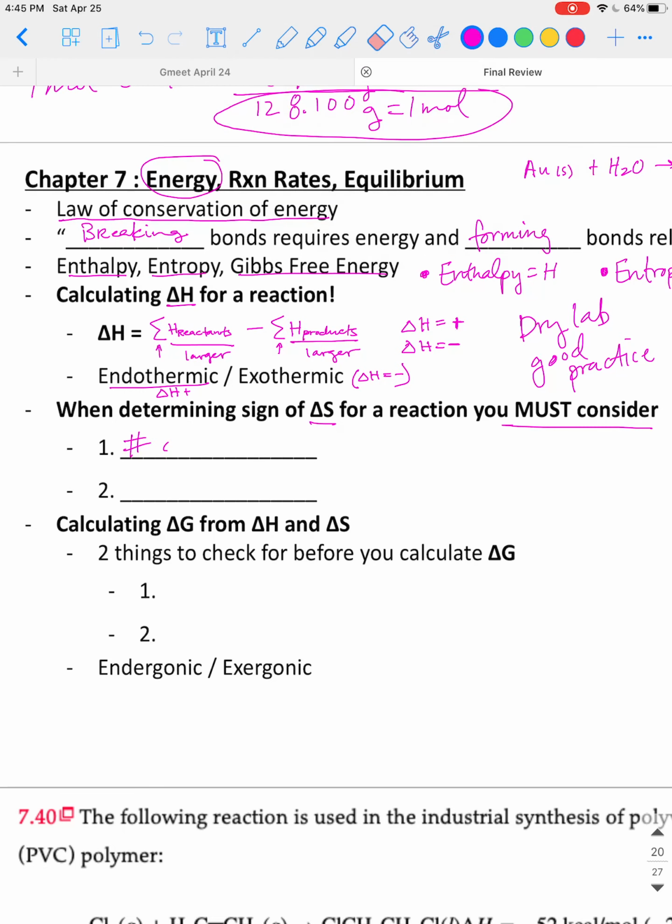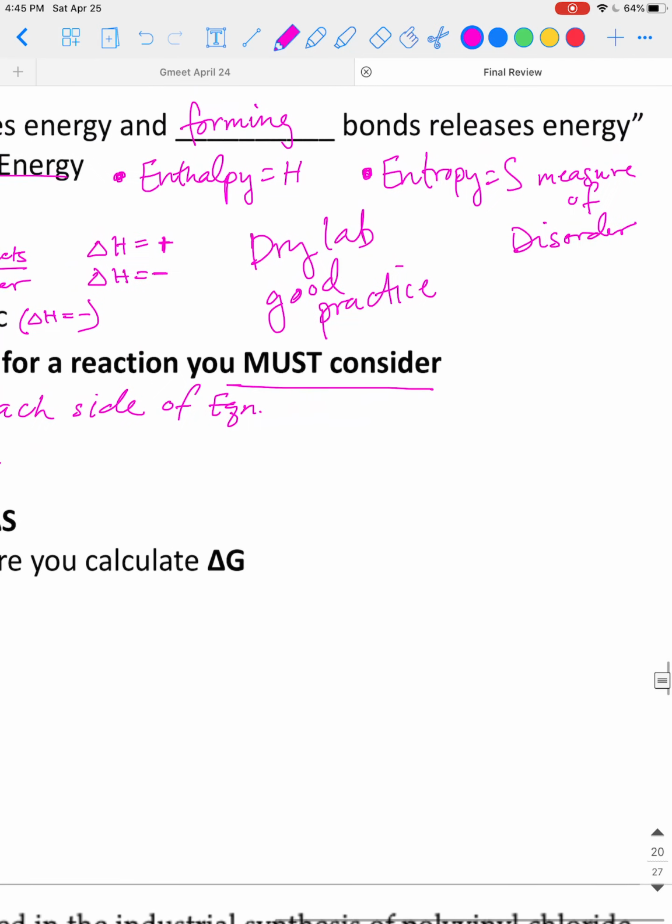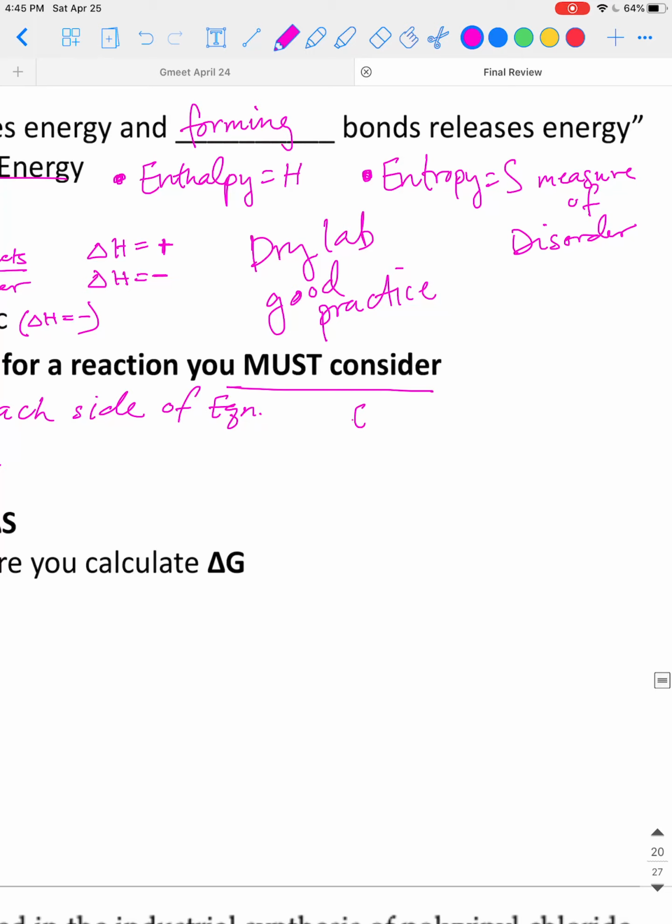One, the number of moles on each side of the equation or the reaction. And then you also must consider the state of matter for your reactants and products.